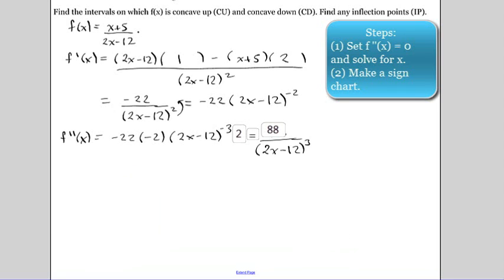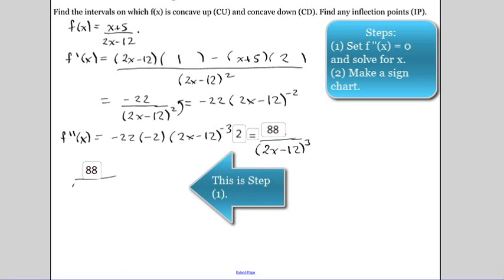Now to find the intervals where the function is concave up and concave down, we need to find critical points. In other words, we need to set the second derivative equal to 0 and solve for x. Clearly the top can never equal 0.